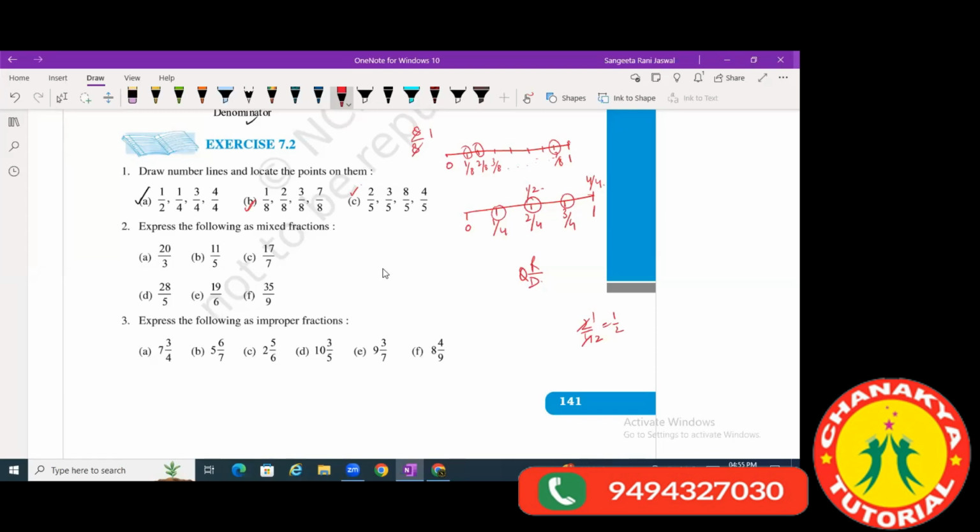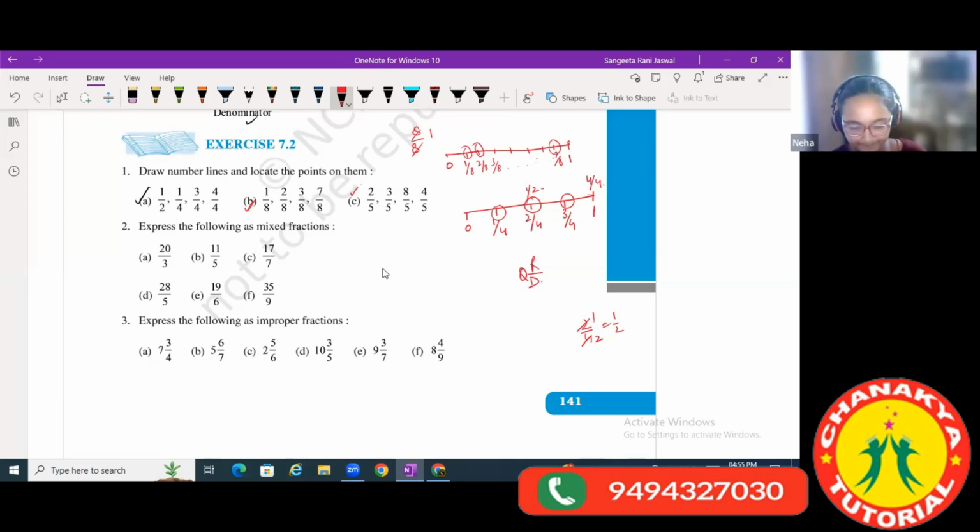So please revise that. And on Friday's class, we will be revising the elementary shapes topic. And I'll give you one revision worksheet also on elementary shapes so that you can revise also. Okay.